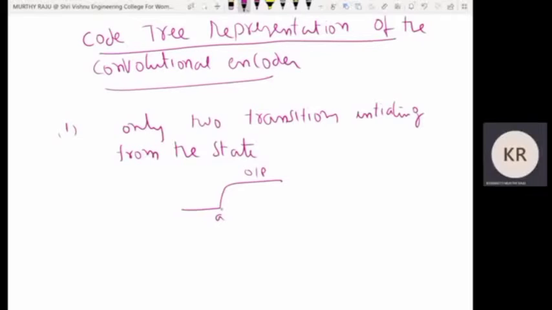You are in state A, input bit is 1, goes to next state with the output indicated on this branch. Only two transitions initiating from this initial state. This is the initial state.